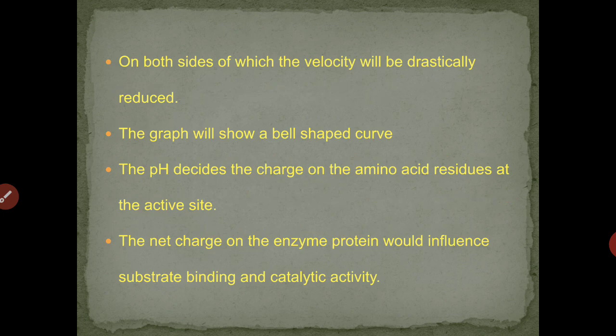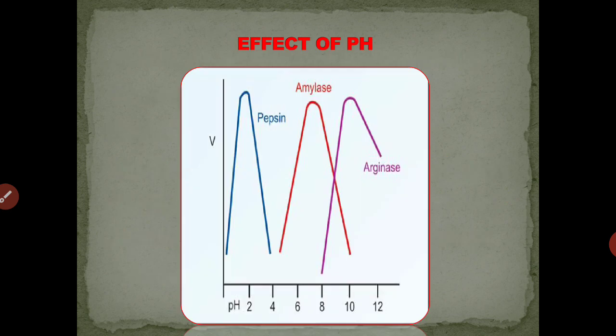The pH of the media decides the charge on the amino acid residues at the active site of your enzymes. So the net charge on the enzyme protein would influence the substrate binding and the catalytic activity. That is why the pH is very important.